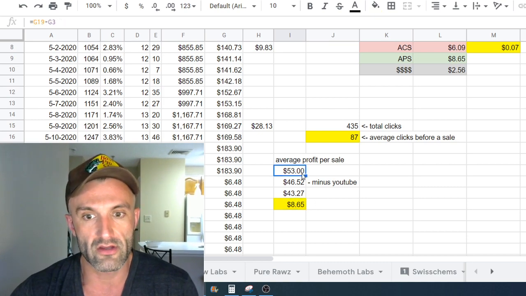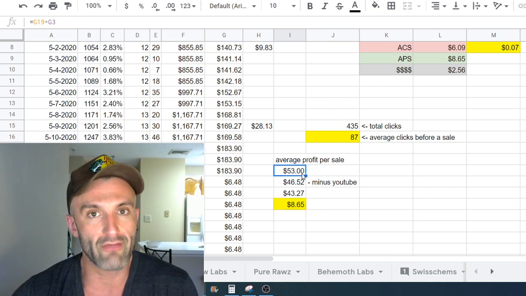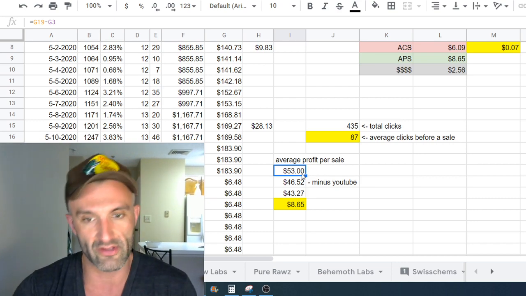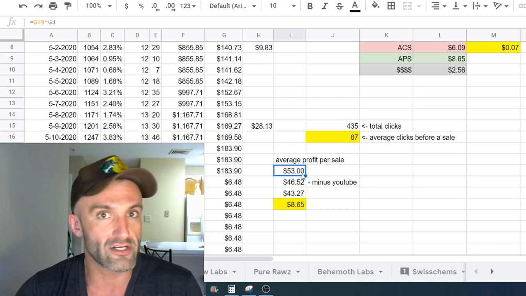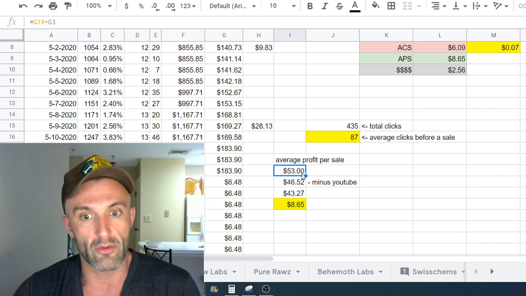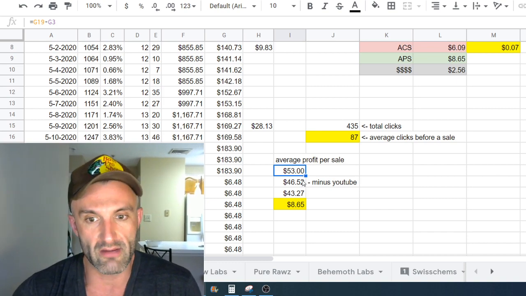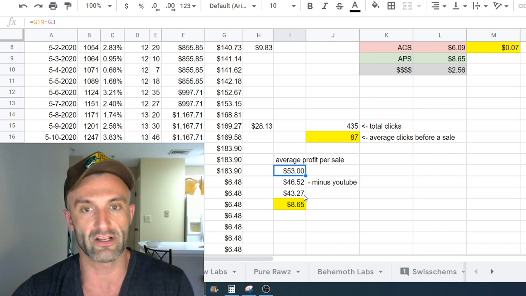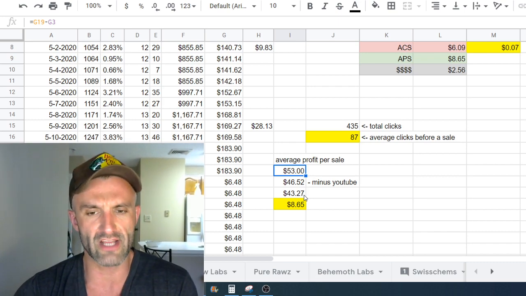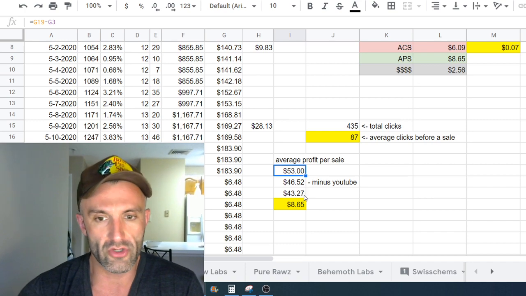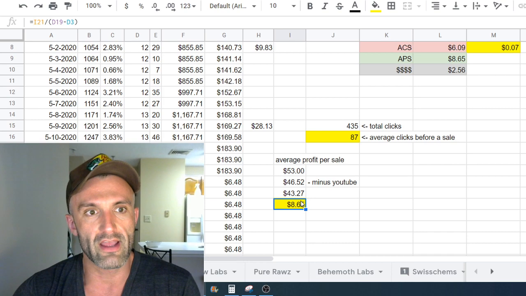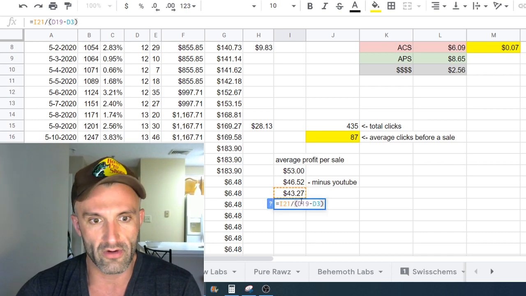So the total profit that I made is $53 over the last 14 days or so from these affiliates, minus the YouTube income, which is $6 and change, and then minus another affiliate that I'm not tracking the number of clicks on, because they don't have a dashboard. So the total is $43.27, and that is right here.